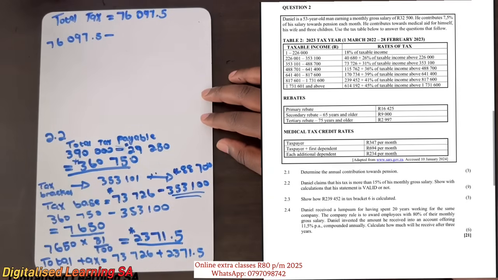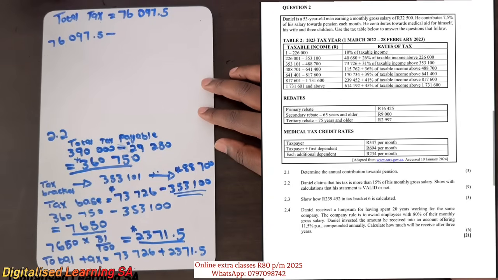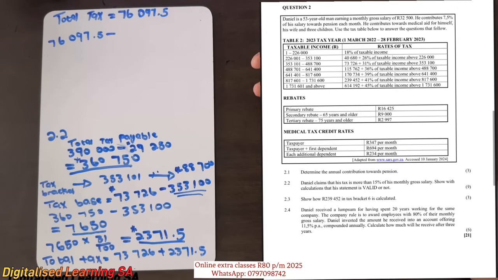Now we need to remove our tax rebates. Remember that tax rebates are the way of government saying thank you for paying tax. Just because you pay tax, we will also reduce your tax by a certain amount. We need to check which one Daniel qualifies for.